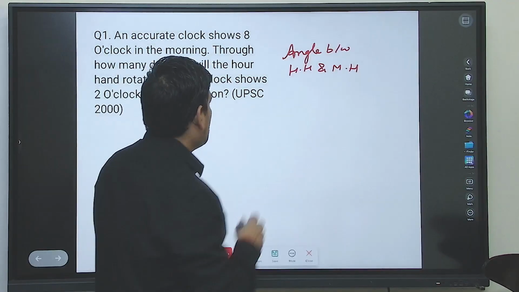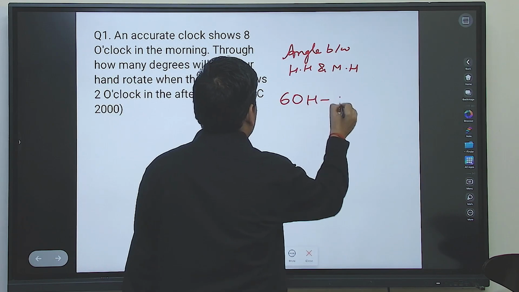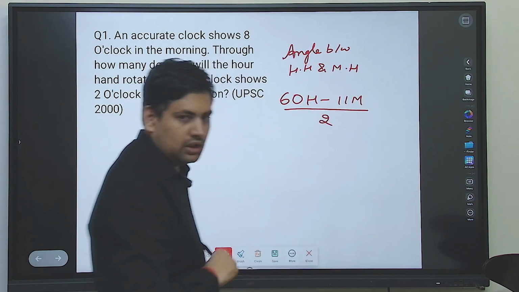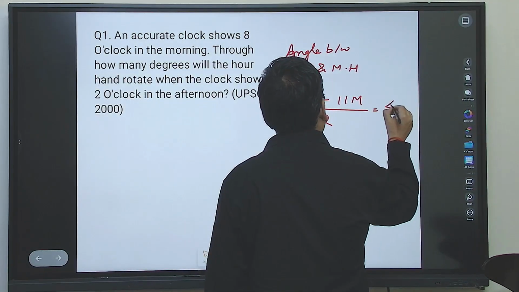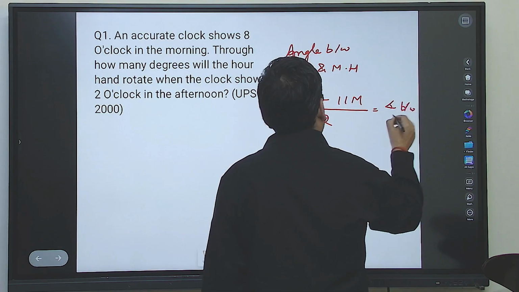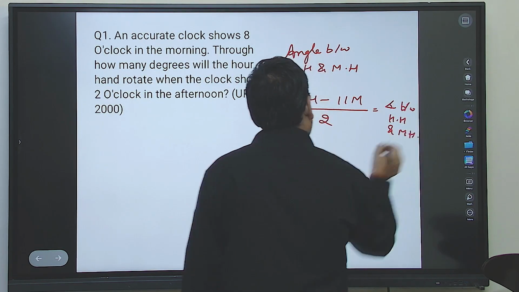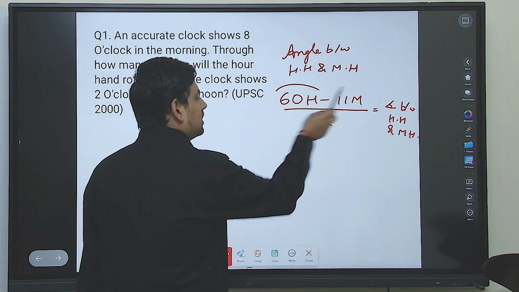So the formula is 60h minus 11m by 2. This gives you the angle between the hour hand and the minute hand. If you see this formula carefully, you have 60h before 11m.